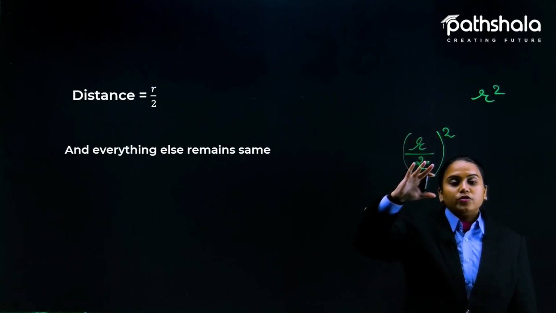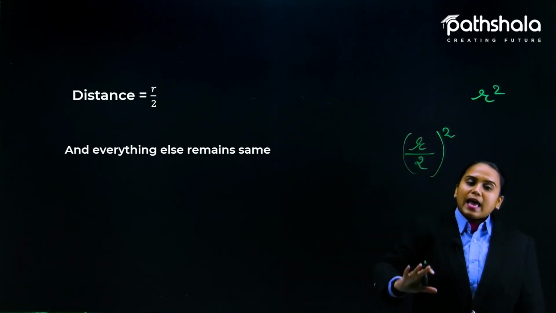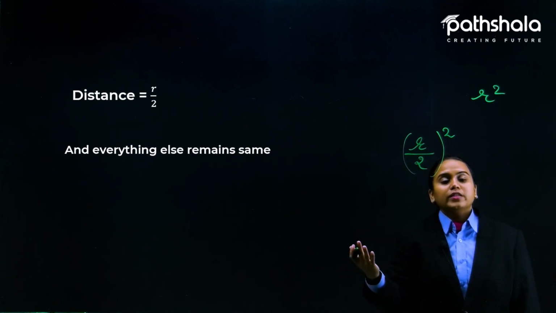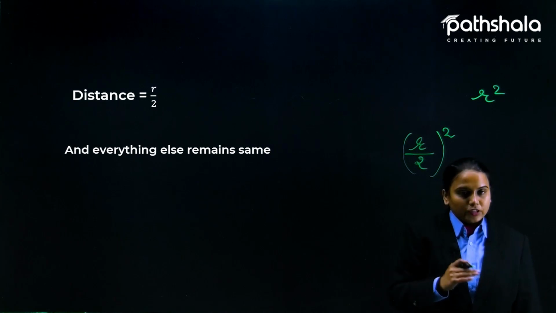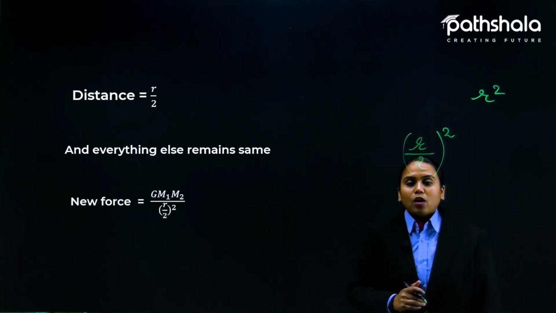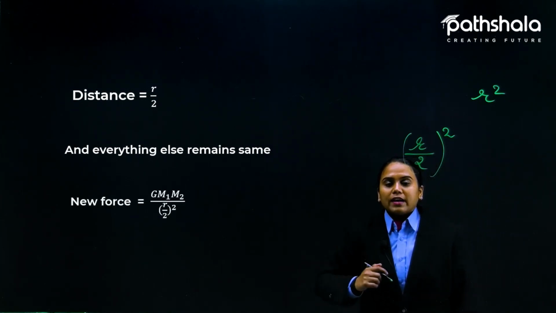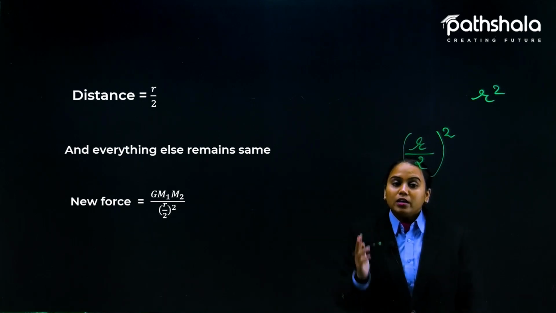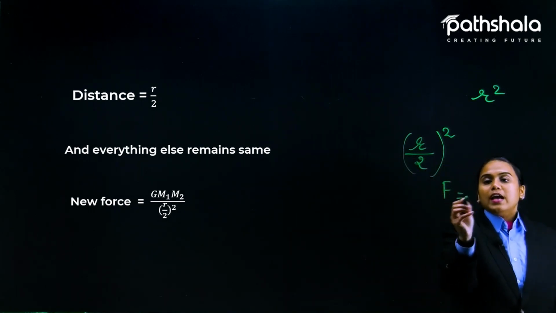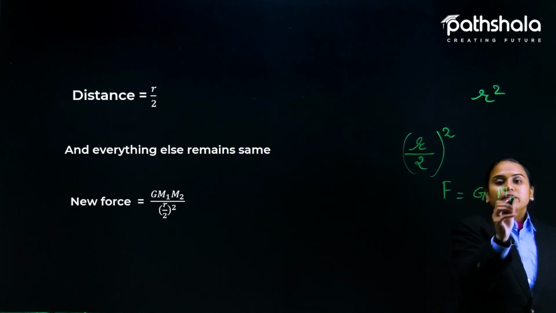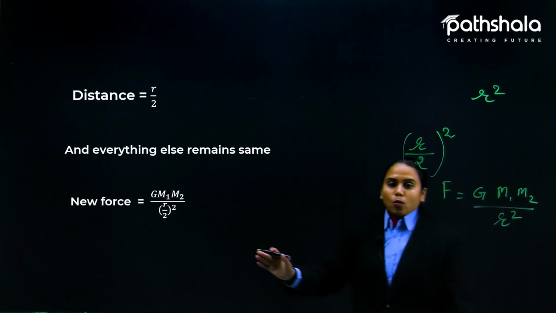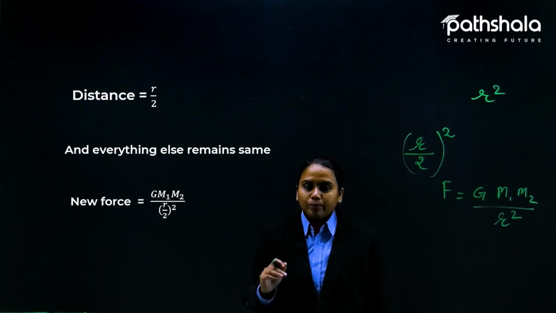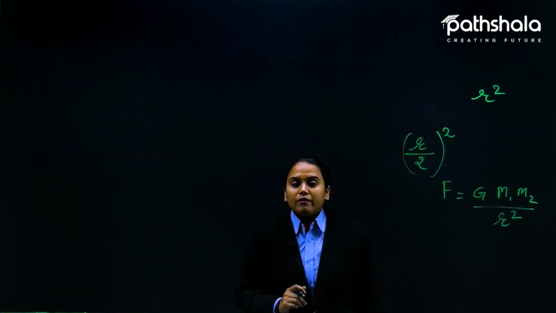We haven't changed the mass of the two objects, and the gravitational constant is constant in the whole universe, so only the distance part is going to change. Now, the earlier force had the value capital G m1 m2 by r square. Now this r is replaced by this r, and now we have this value. So this is the new force.